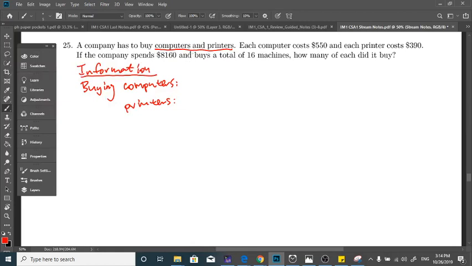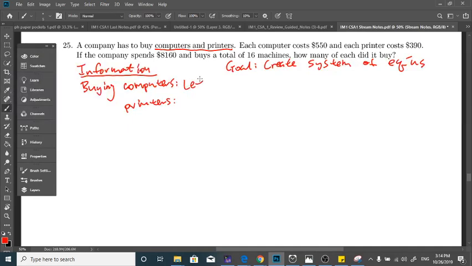And at each computer. So let's make variables, because what you want to do is create a system. So goal: create a system of equations. So E, Q, and S, again, that means equations. So buying computers.